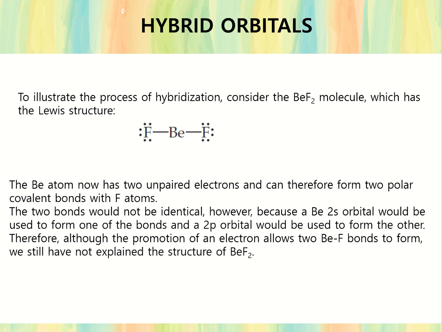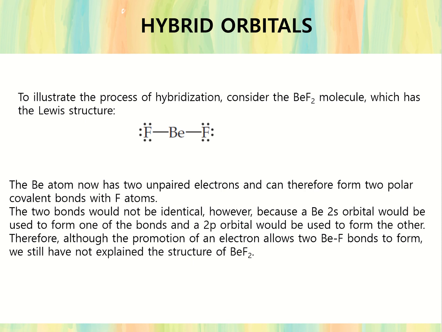So let me just read what's here. The 2 bonds would not be identical, however, because a beryllium 2s orbital would be used to form one of the bonds, and a 2p orbital would be used to form the other, as I just said in different words.